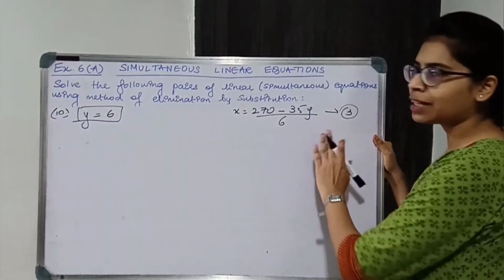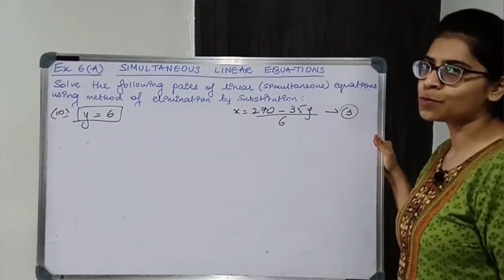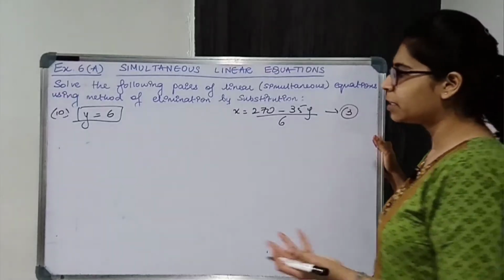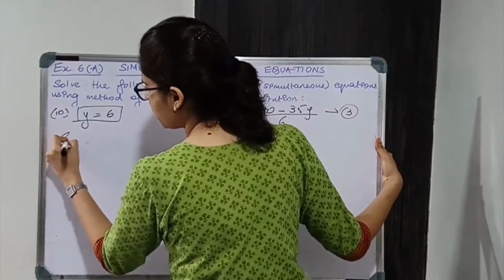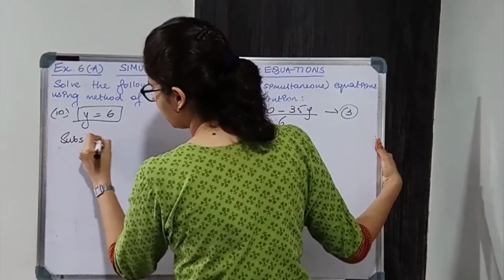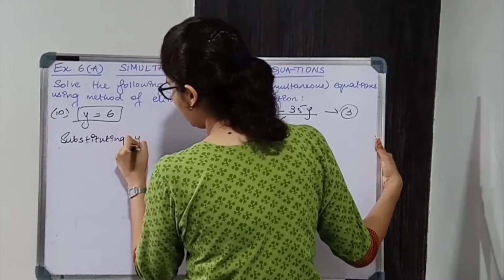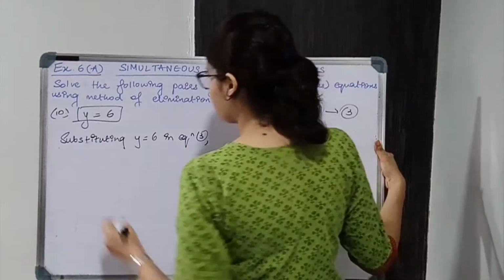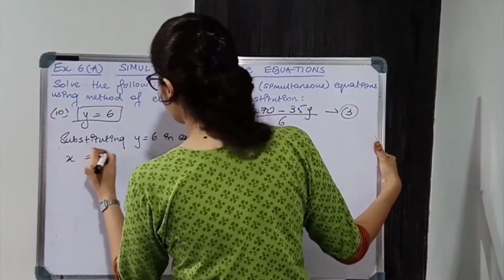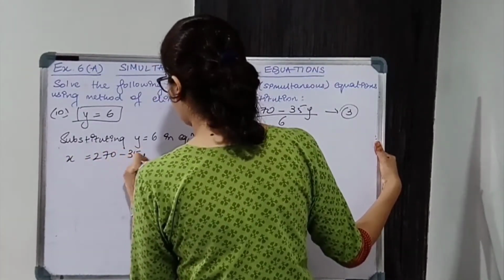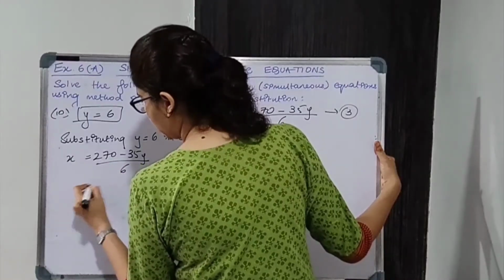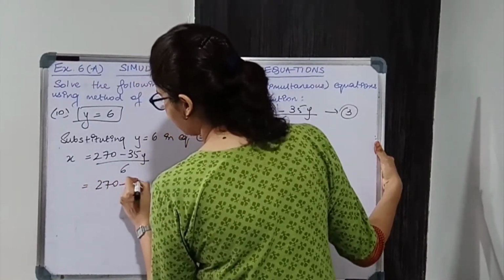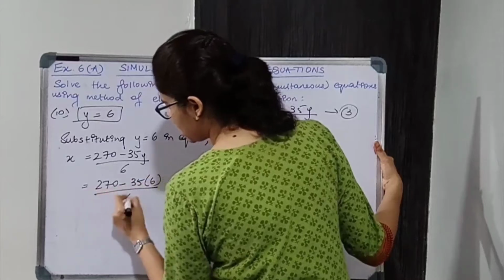I'll be substituting that in equation number 3. You can also substitute in 1 or 2, depending on your choice. So substituting y equal to 6 in equation number 3. So it is x equal to 270 minus 35y by 6. So that is 270 minus 35 into 6 by 6.